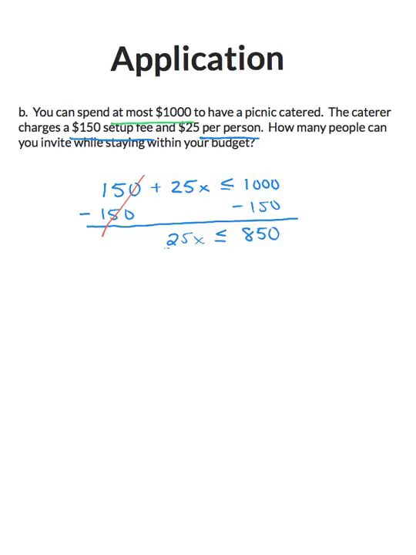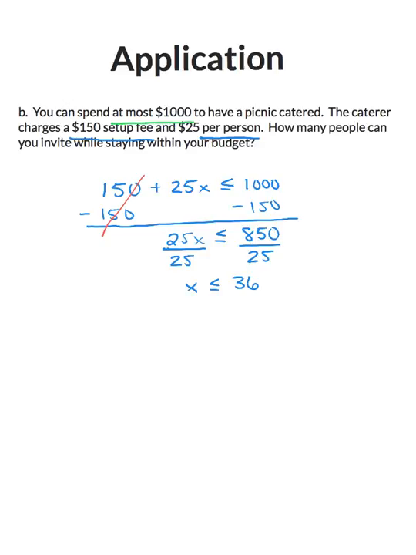From here, we can divide both sides by 25. And if I'm doing the math in my head correctly, I come up with 36. I do recommend that you check that though. Okay, so we've finished our solving, and so now we want to go ahead and interpret.